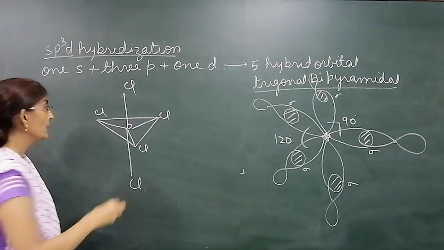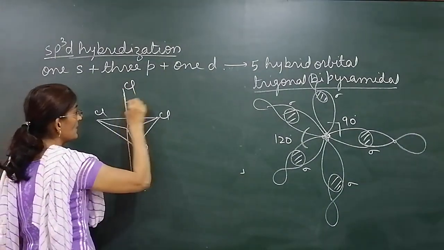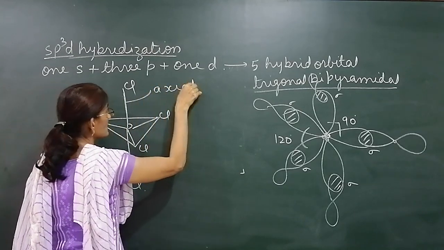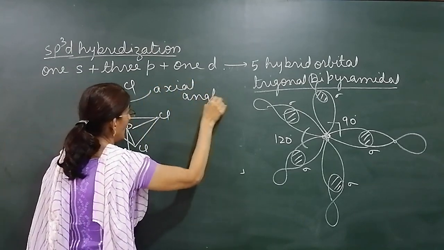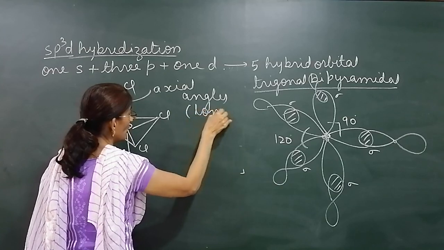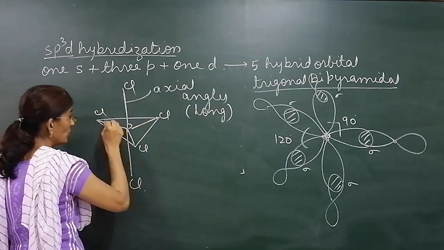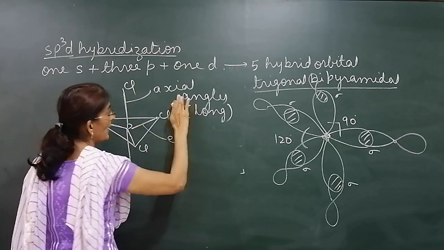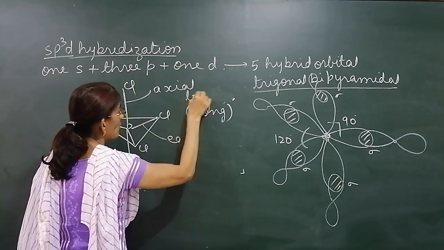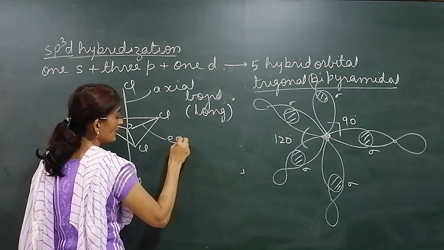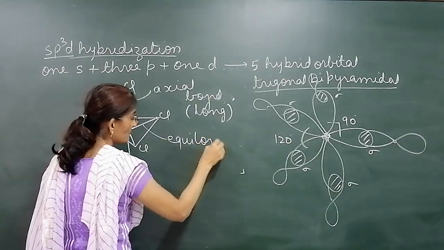Planar triangular. The bonds above and below the plane are called axial bonds, comparatively long, while these are called equatorial bonds.